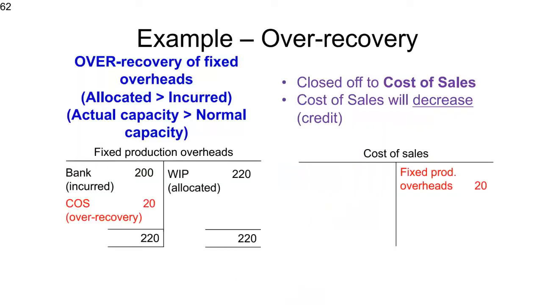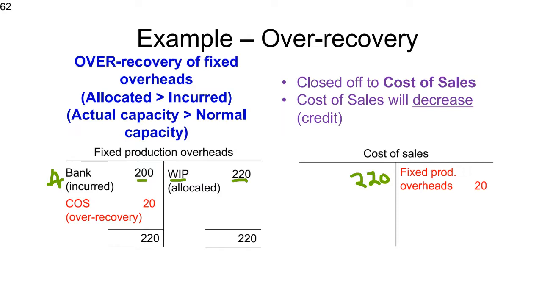Right. Let's have a look at this one. This is where the answer is. So this is what we said. We debited it with bank, we incurred it, we paid it to the landlord. The rent. We paid the landlord 200 Rand. We then allocated 220 into WIP, and from WIP, it's now ended in cost of sales, via the methods.